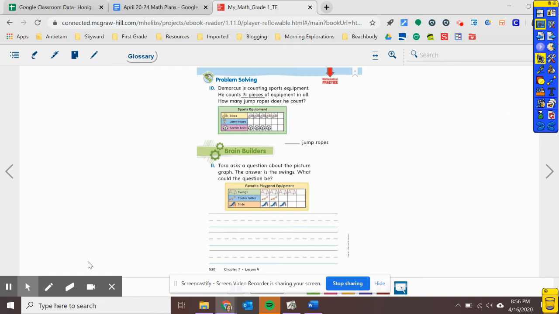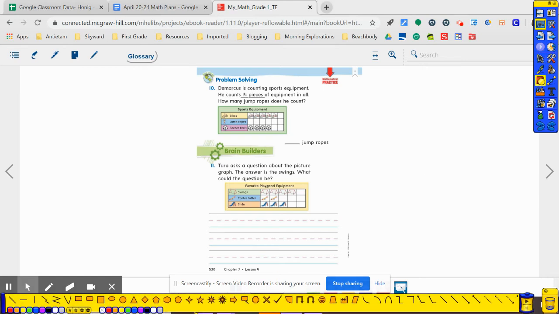And then I see important words, and I'm going to get ready to circle them. So my important words are in all here. Those are important words. They tell me. But I also really want to know how many jump ropes does he count?